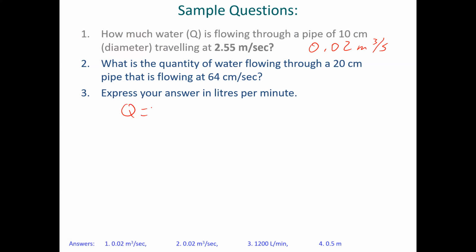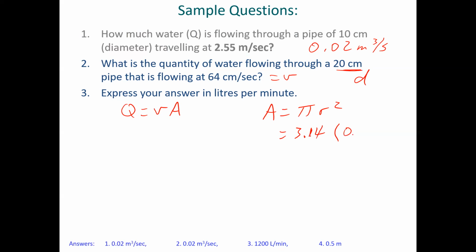So remember, Q is VA, and I have my V, and my A is pi r squared. So that's 3.14. I'm going to skip the step where I'm calculating the radius in this case. I already know what the radius is because I have my diameter. My diameter is double the radius, so my radius is 10 centimeters.